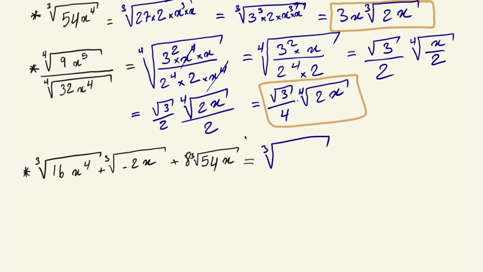So we have the third root of 16. 16 is just 8 times 2, and times this is here. This here we can make it x to the third times x to the third times x.